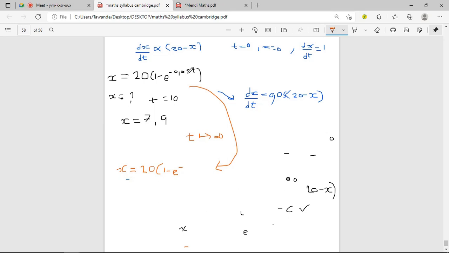So e to the power of negative infinity becomes 0, right? Yes. Then you remain with 1, and 1 times 20, you get 20. So as t becomes very large, your x is going to be equal to 20, right?